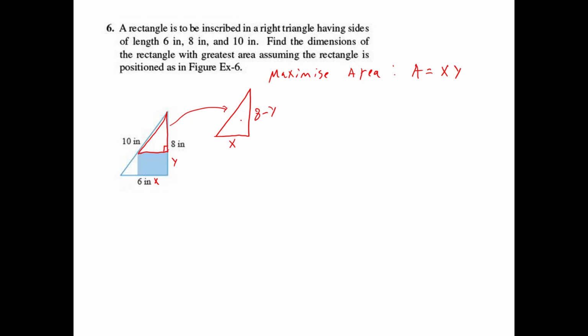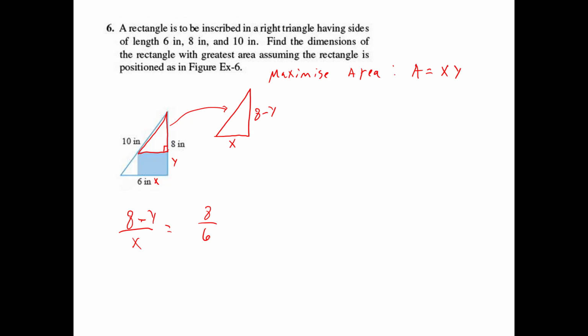And so then this triangle right here is similar to the whole triangle. So the ratio of this vertical side to this horizontal side, 8 minus y over x, should be the same thing as for the whole triangle. The vertical side over here is 8, and the horizontal side over here is 6. Okay, and so this is the equation that relates x and y.